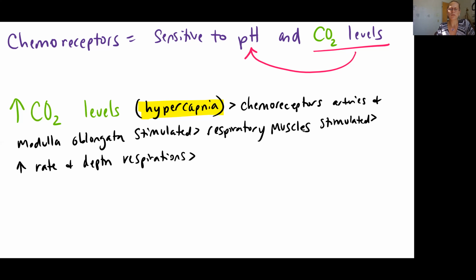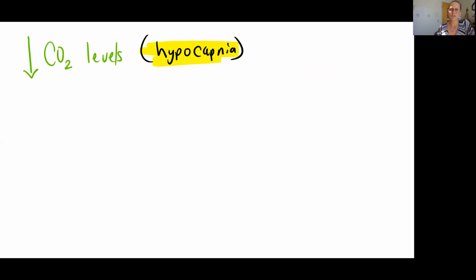You're overall increasing your respiratory rate and your depth of respirations, increasing your exchange with the atmosphere. So you're getting rid of that extra CO2 and also bringing in some oxygen. So CO2 levels should decline, going back to homeostatic normal. So it's pretty straightforward. We see essentially the same thing happening, but in reverse when our CO2 levels are too low.